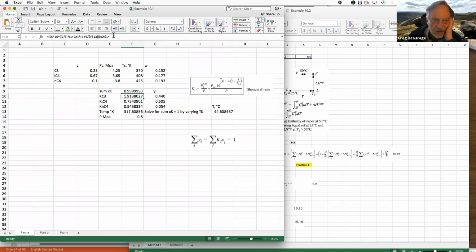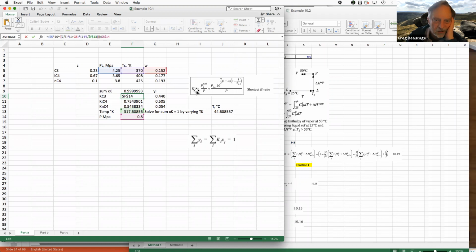Those are going to be done with the shortcut method, which is here. That's going to use Pc, Tc, omega. So that's the shortcut method, 10 to the 7/3, whatever, divided by F14, which is P, the pressure 0.08, which is fixed.